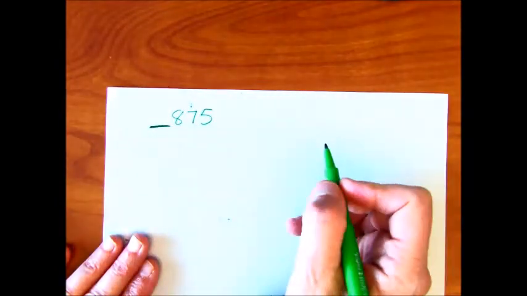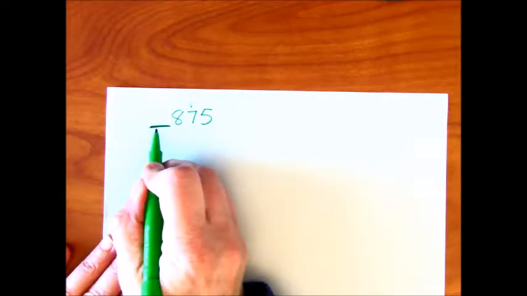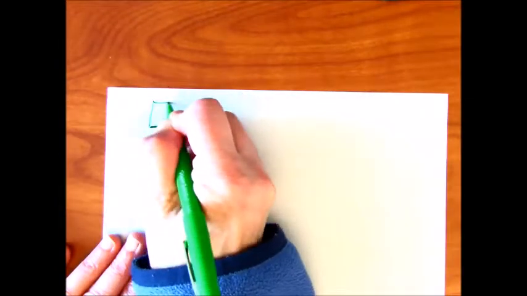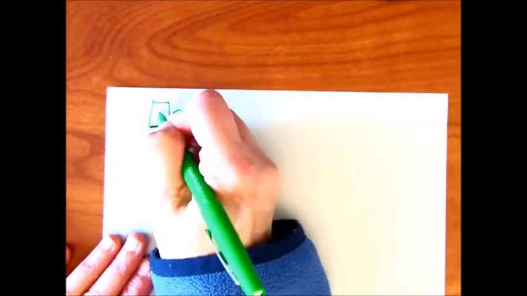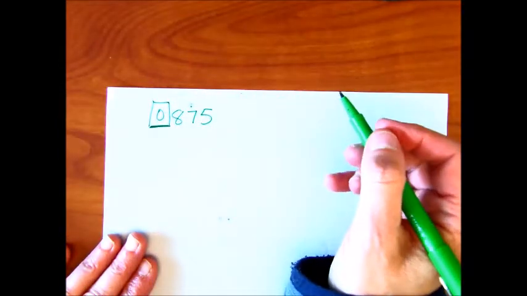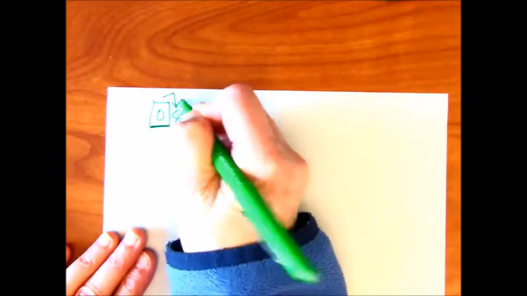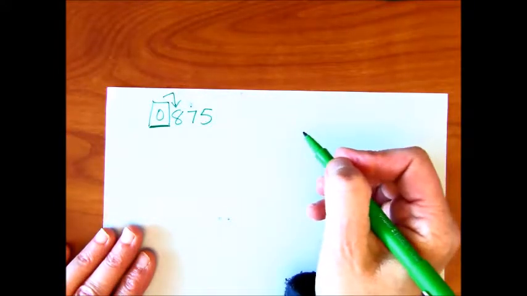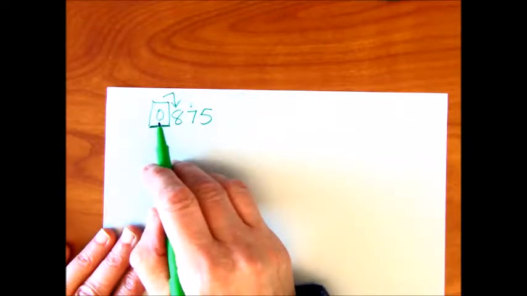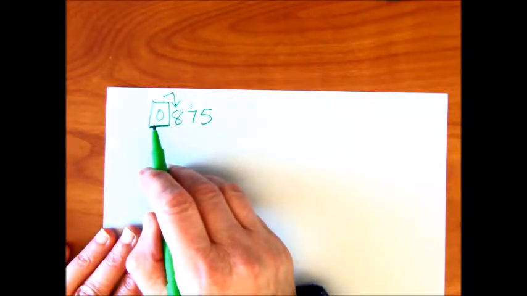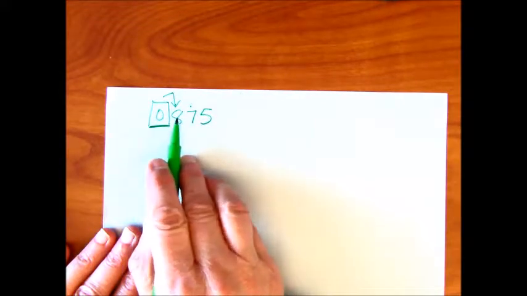So I'm still going to underline that because that's what I'm rounding. And so what you might want to do is put a 0 there, just as a placeholder. And then again, like always, look to the right and then make your decision. Do you change this to a 1 or do you keep it as a 0? In this case, we're going to change it to a 1.